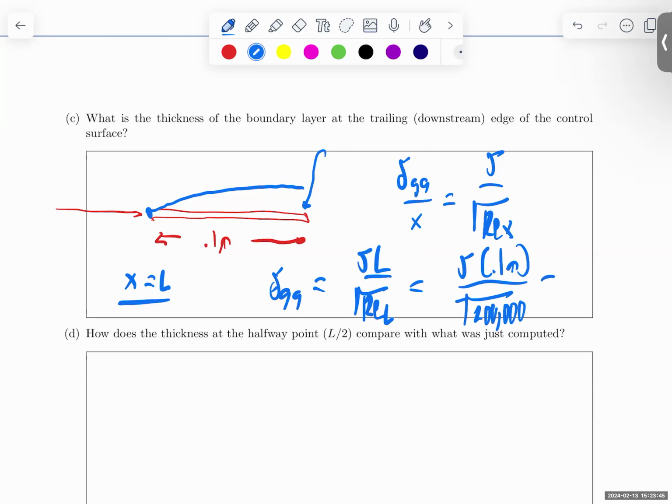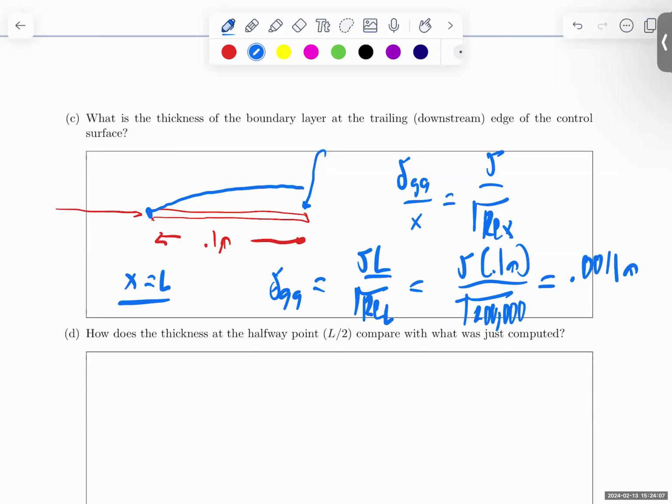That's the Reynolds number based on L. We already computed it, and we get a value of 0.0011. So that's in meters.